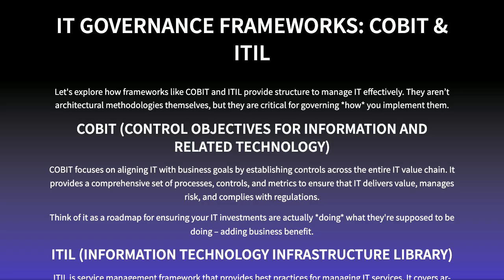Then there's ITIL, which focuses on how we manage those IT services, things like keeping systems running smoothly, handling problems quickly, and managing changes effectively. Think of it as the playbook for delivering great service to our users. Together, they provide a solid foundation for ensuring that our architecture is not just built correctly, but also managed in a way that benefits the entire organization.